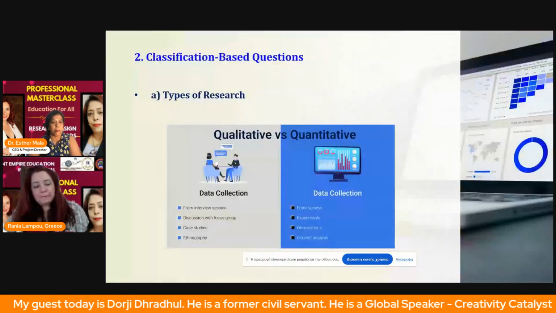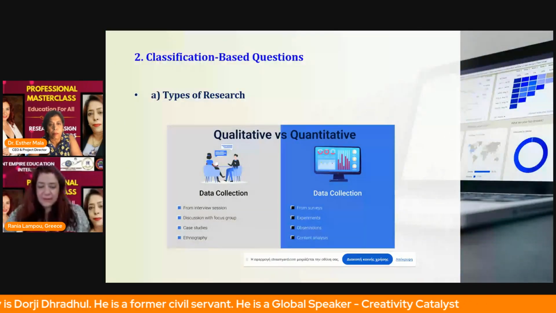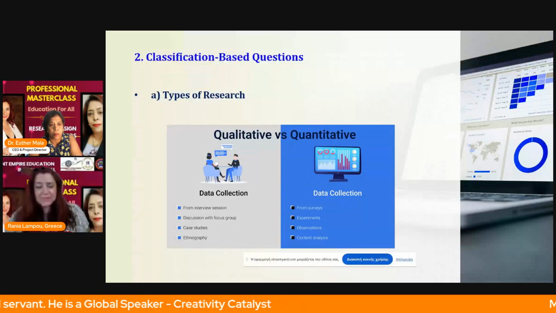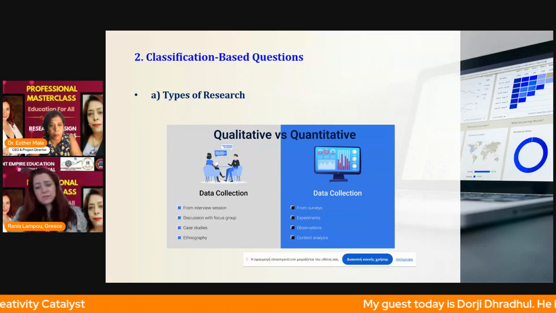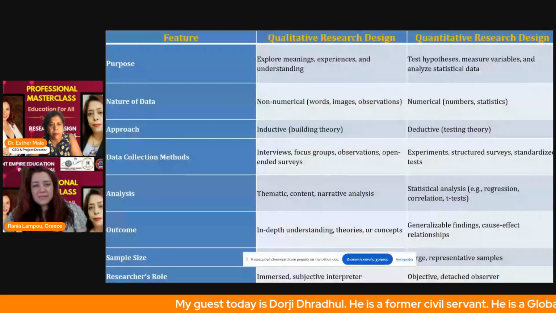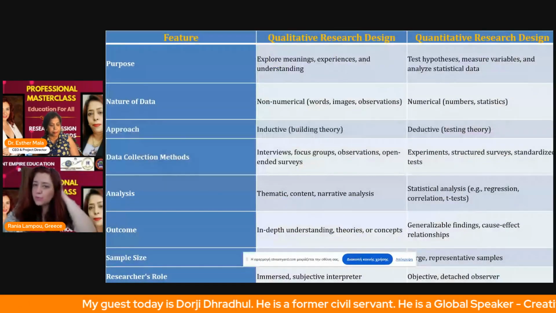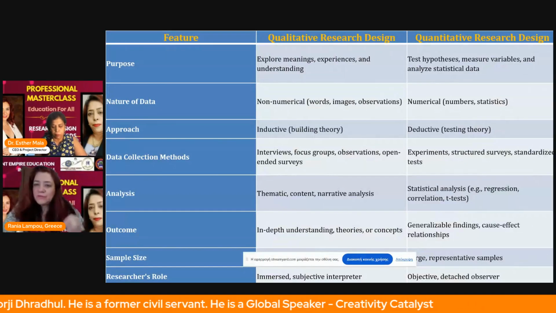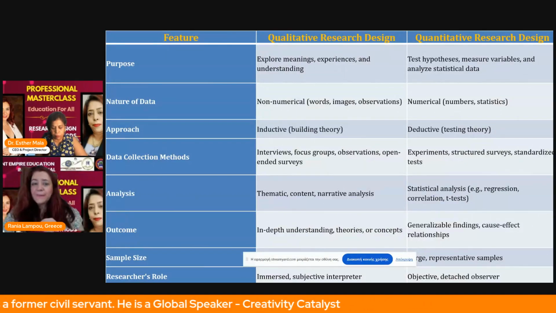Now, here is a clear comparison between qualitative and quantitative research design. The previous sessions we have explained all this, just a brief repetition. The qualitative research design tries to explore meanings, experience, understanding. On the other hand, with quantitative, we test, measure variables, we analyze statistical data.